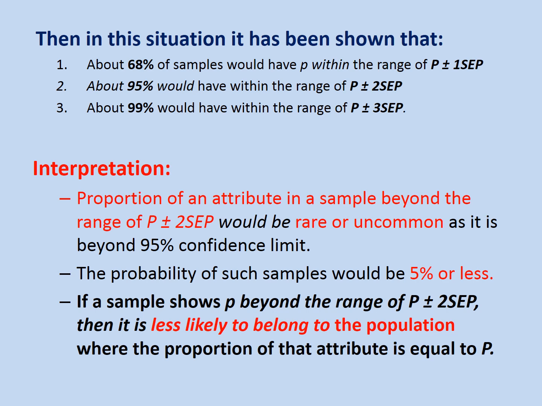Then 95% would have sample p within the range of population proportion capital P plus or minus 2 standard errors of proportion, and 99% would have their sample proportion within the range of capital P plus or minus 3 standard errors of proportion. So let's understand in simple words.